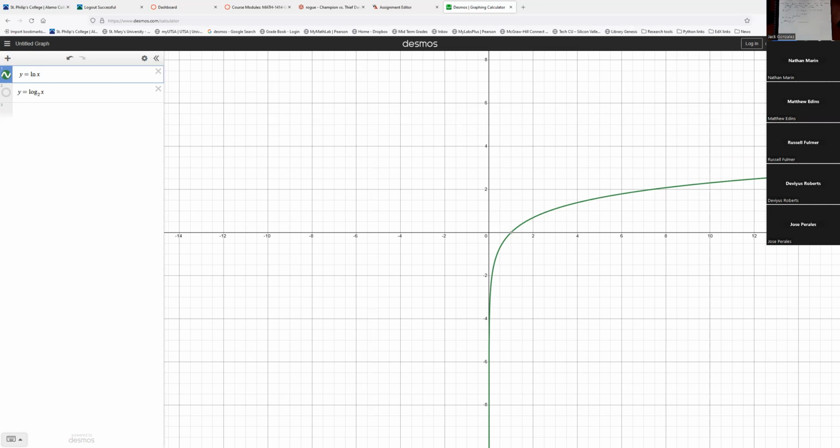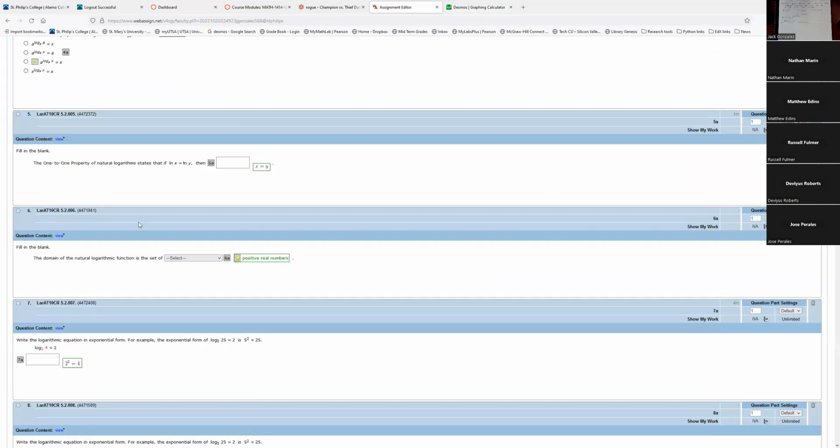So it's pretty slow growth. And it has an asymptote at 0 because you cannot plug in 0. It approaches it, but never goes. So no negative numbers, no 0. So the domain has to be greater than 0. Positive real numbers.